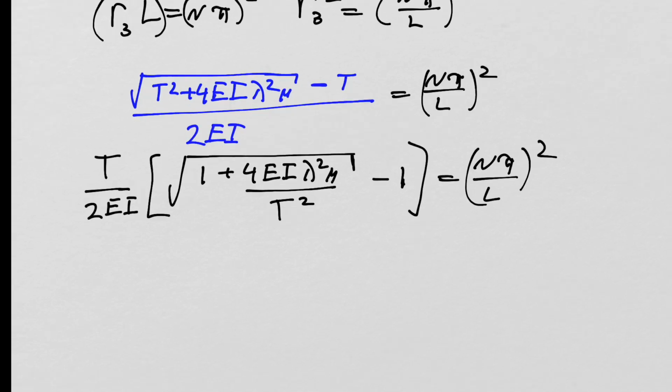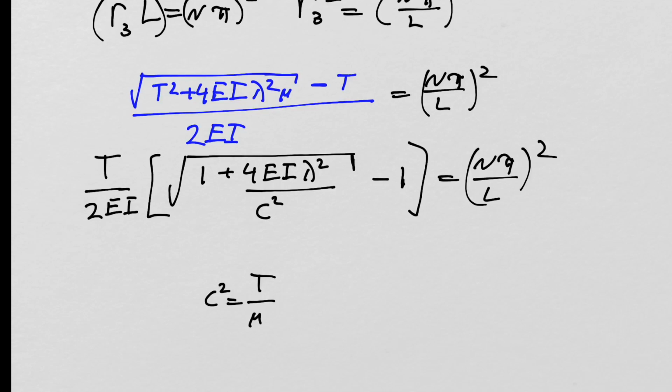And then I'm going to try to introduce a c squared here to simplify some things out. So remember that c squared equals T over mu. So if I put a c squared in, c squared is just, if I got rid of the T squared and the mu, the c squared would replace it, but it would have an extra mu in the numerator.